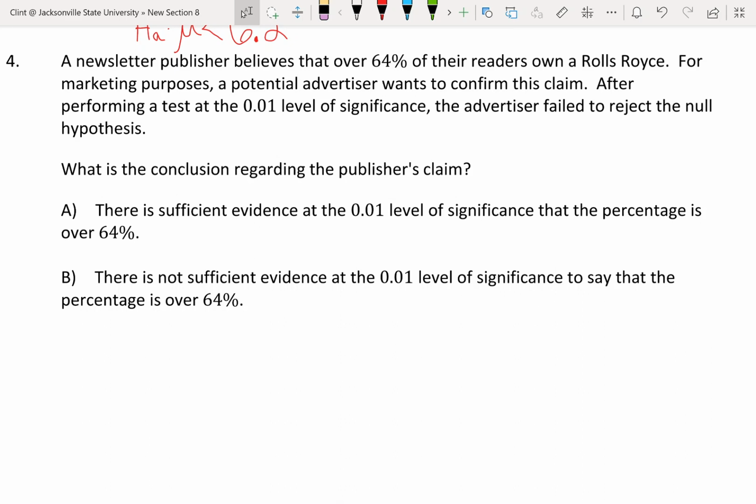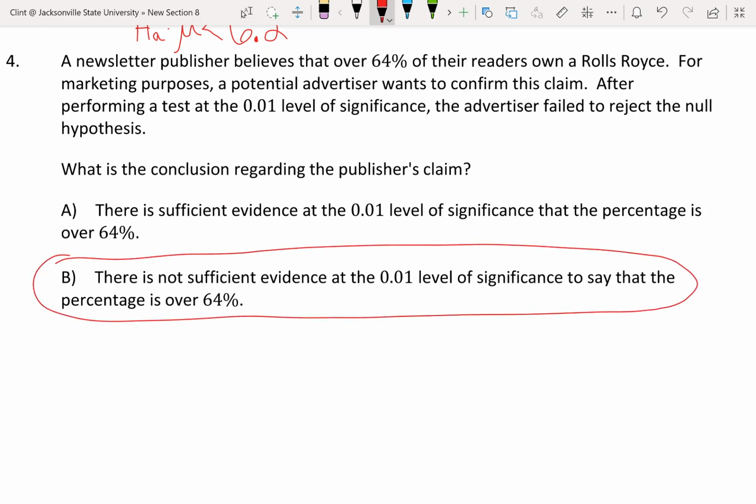It means we did not have enough evidence to support the claim. That's when we failed to reject the null hypothesis. So this one's B. There's not sufficient evidence to support the claim. And this matches with when we reject the null hypothesis. If we do have strong enough evidence to support the claim, that's when we reject the null hypothesis.